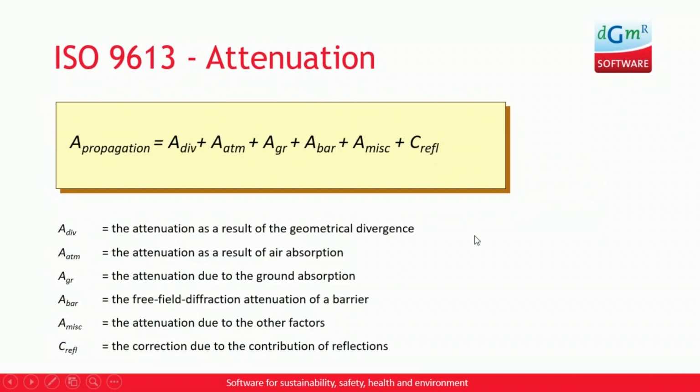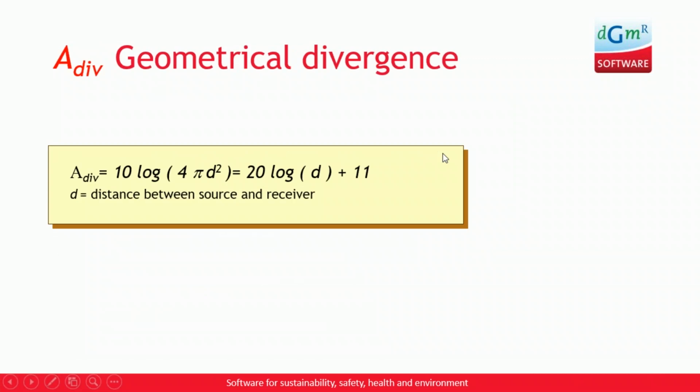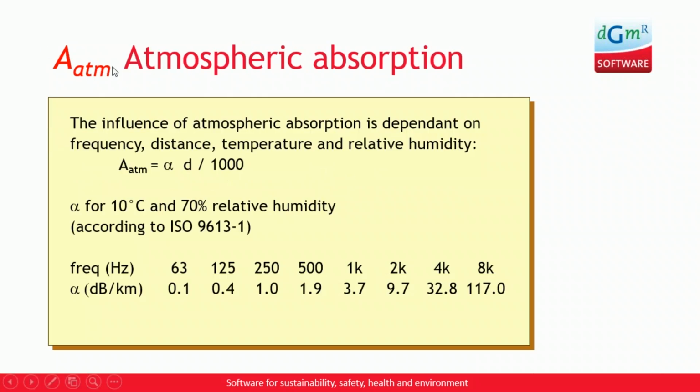So if you look at the attenuation, like I said, there are several attenuation terms. Geometrical divergence is the strongest. At 100 meters distance, you're already around 50 dB lower. So that goes fast.